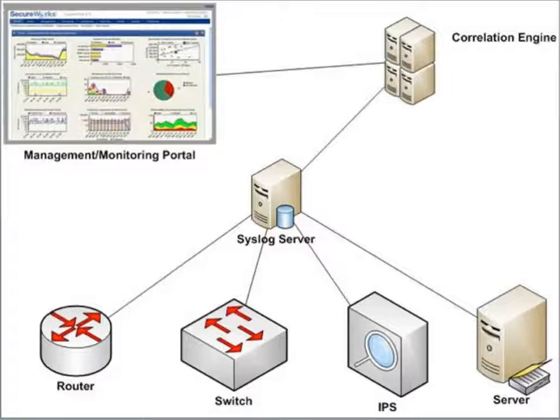So the syslog server aggregates the data from logs across the network. What devices you pull logs from depends on what network segments the device is serving or protecting. Then those logs are sent near real time up to a correlation engine.